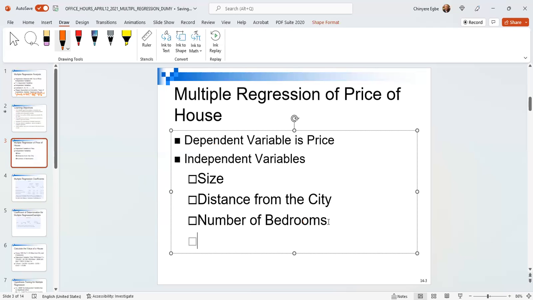So price, the dependent variable y, is equal to a, the constant, plus b1 times size. So I'm going to reduce that.